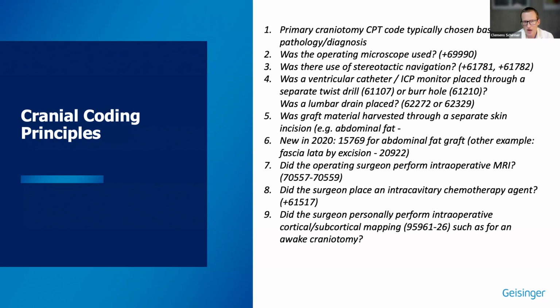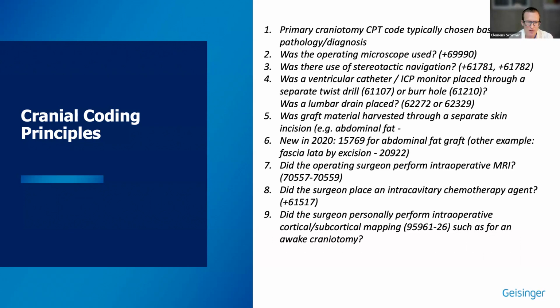You need to find the primary craniotomy CPT code that is typically chosen for this procedure. And it's not just about the approach or the craniotomy sometimes. We do have different CPT codes for a primary pathology or diagnosis.